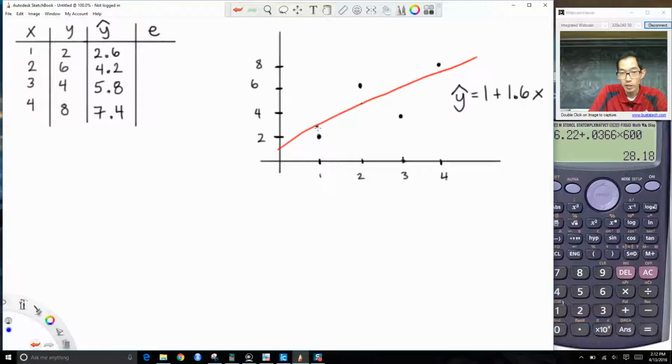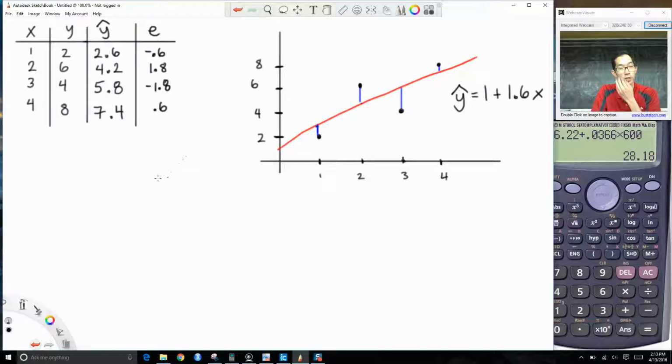And so now we can look at the amount of error that we have. So this would be how far our data points are from the line. Okay, and so here I have a difference of 0.6, negative 1.8, 1.8, and 0.6.